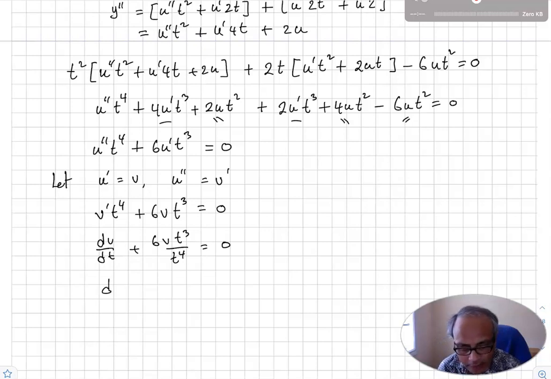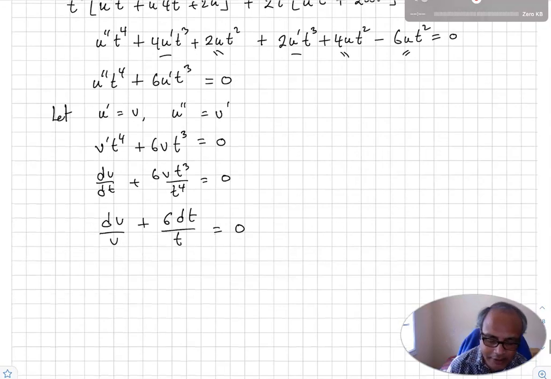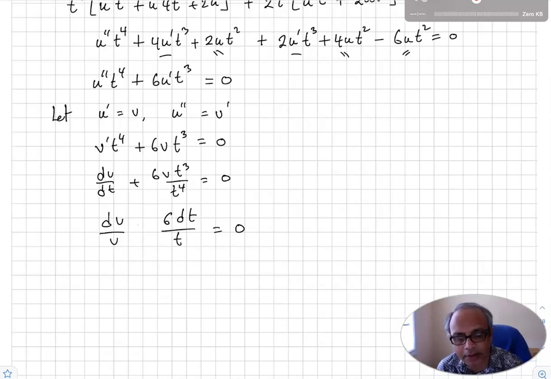So if you multiply by dt, you will get dv, and divide by v, you get dv by v. So you get 6 dt, and t square, t cube and t to the 4 get cancelled. So a nice simple equation, dv by v plus 6 dt divided by t equals 0.